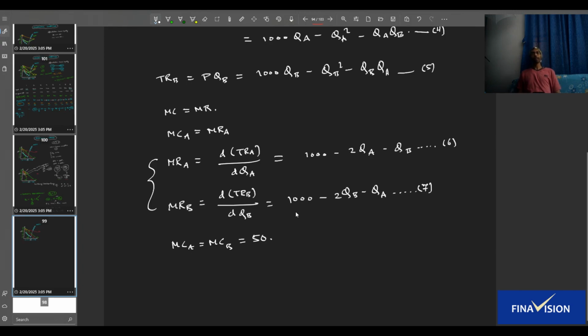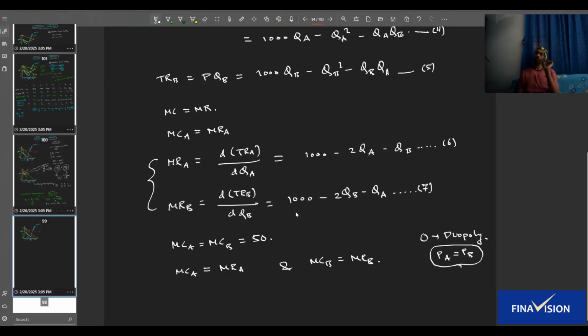And for profit maximization, marginal cost of A should be equal to marginal revenue of A, and marginal cost of B should also be equal to marginal revenue of B. So we are trying to decide the price at which A will sell, but the catch is this: in an oligopolistic market, which is basically a duopoly, the equilibrium price for both A and B will be the same, if both of them decide their pricing based on the assumption that the output will remain constant.